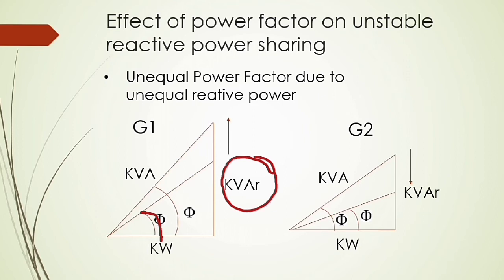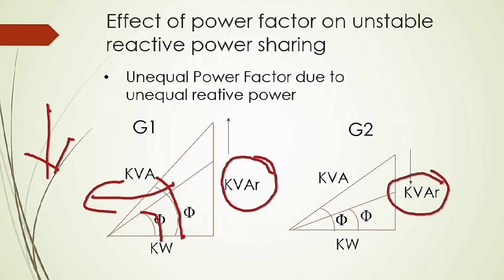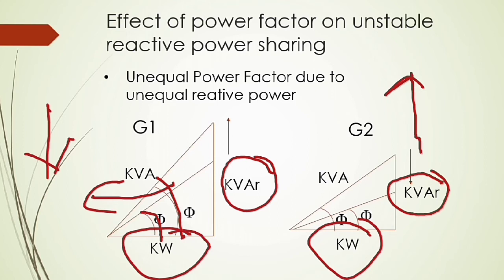That means the power factor will decrease for generator 1, and in generator 2 the reactive power will decrease, so the power factor increases. So we get unequal power factors from this type of reactive power sharing, when kilowatt is fixed or constant for both alternators.